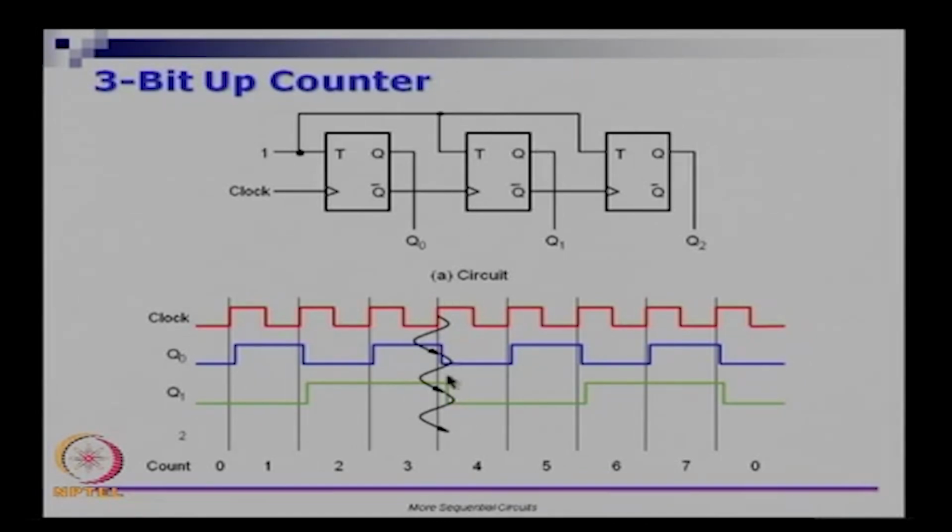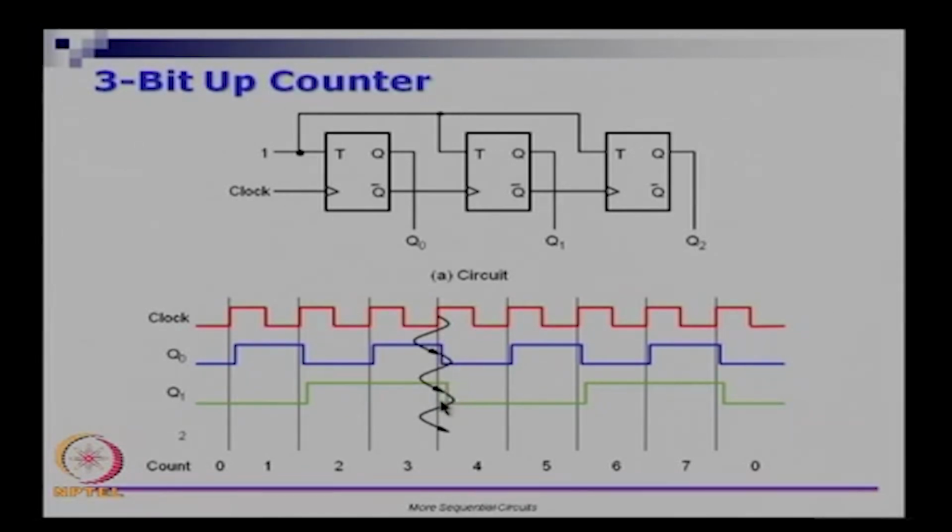If you look at the relationship between the clock signal, this red waveform here, and the green waveform here, then you have one clock to Q delay that changes Q0 or equivalently Q0 bar. Let us assume that both Q0 and Q0 bar are available at the same time. Then you connect it to Q1, so that will be another clock to Q delay away. So this is one clock to Q unit and this is another clock to Q.